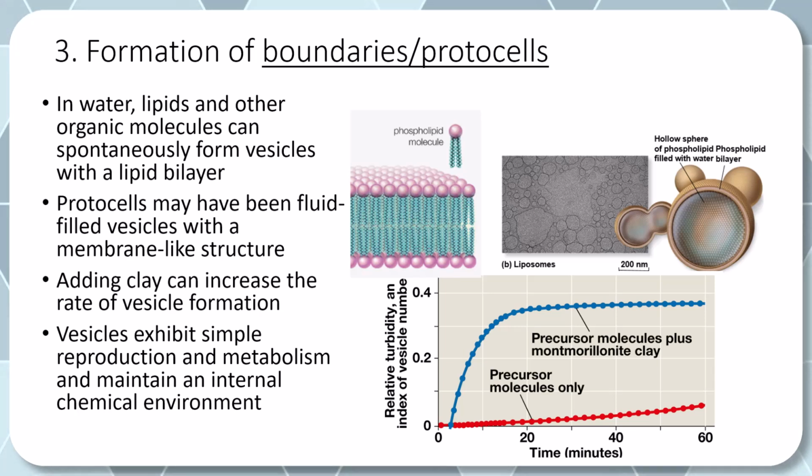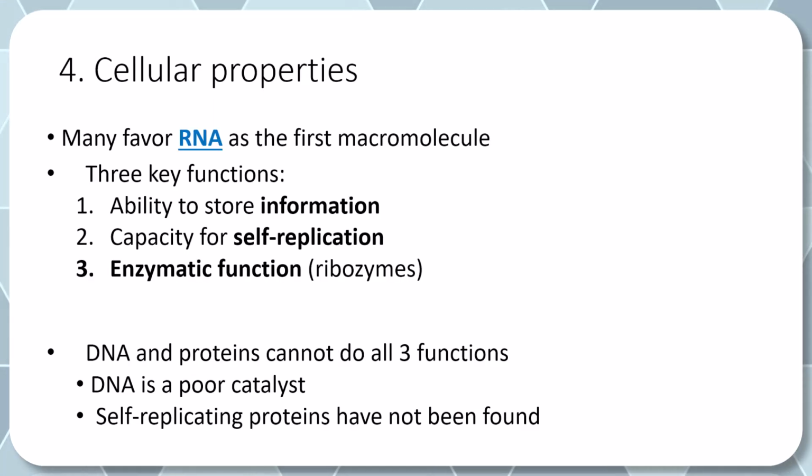And vesicles exhibit simple reproduction and metabolism and maintain an internal chemical environment. So that's an important property for early life. As far as cellular properties go, a cell needs to be able to store information, it needs to be able to replicate, and it needs to have enzymatic functions, right, to control the rate of chemical reactions inside of this cell.